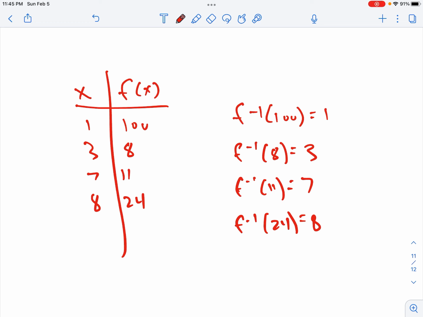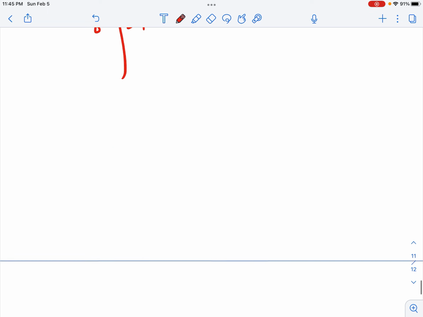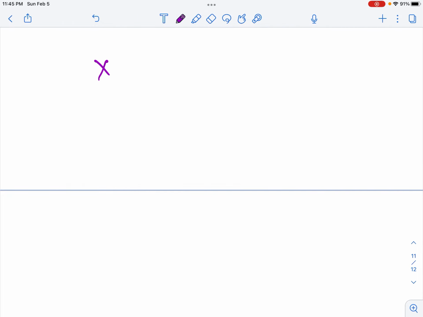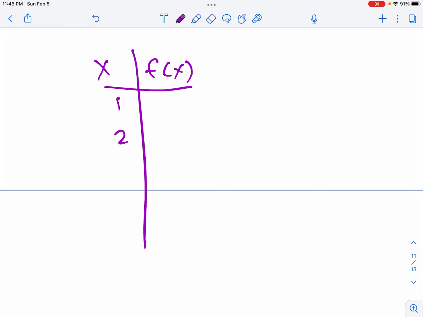Okay, let's do kind of a strange question. Let's do a new table. So let's switch colors: x, f of x, 1, 2, 8, 9, 30, 81, 74, 21.